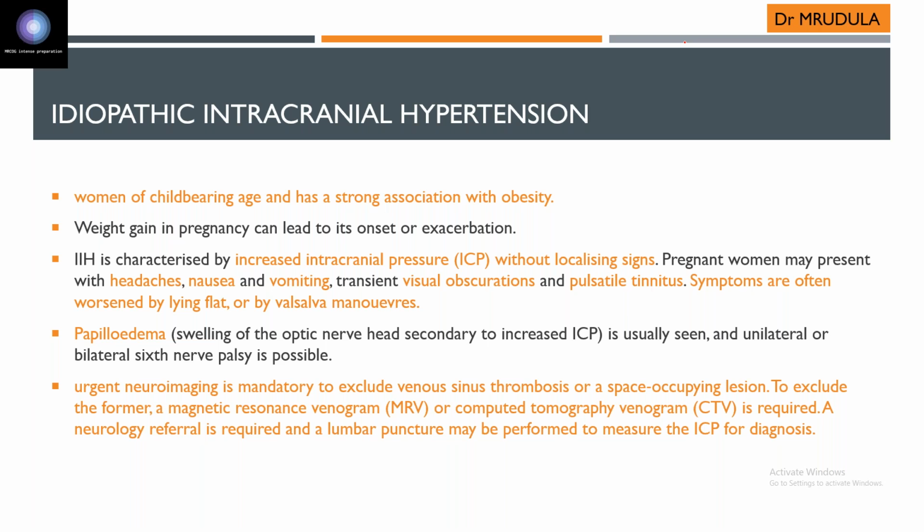For that, you have to do either magnetic resonance venogram (MRV) or CT venogram to rule out any thrombosis. Also, MRI or CT scan is required to rule out any space-occupying lesion.